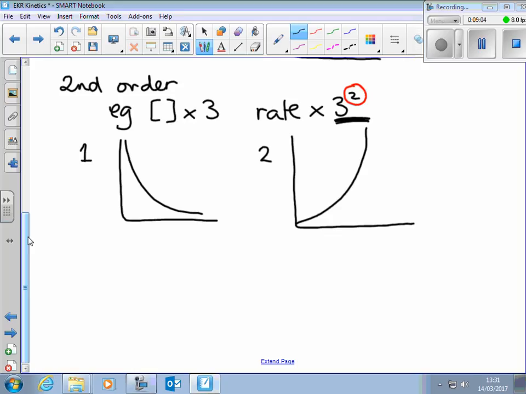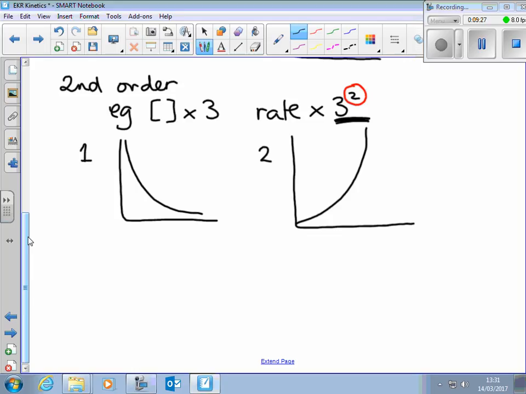Stays the same, yes, because 2 to the power 0 is 1. However, if you reduce the concentration, you've got your first graph there, which just gives you a straight line down for your 0 order. But if you then look at the rate against concentration, you get a horizontal line.